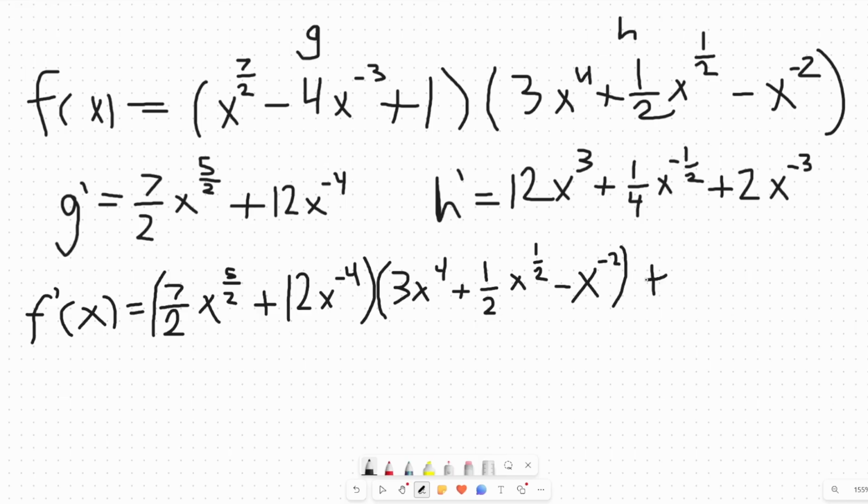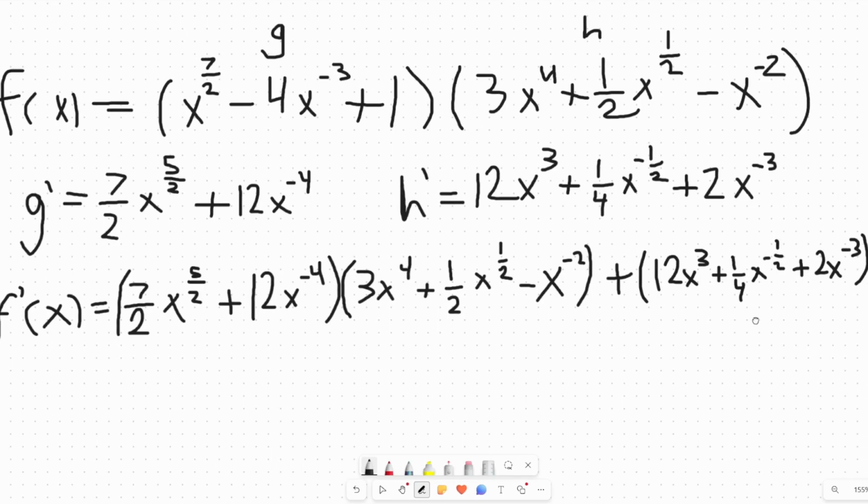Now plus, so that was our g prime times h of x. Now we need to do plus h prime times g of x. So plus 12x cubed plus 1 over 4 x to the negative 1 over 2 plus 2x to the negative 3.